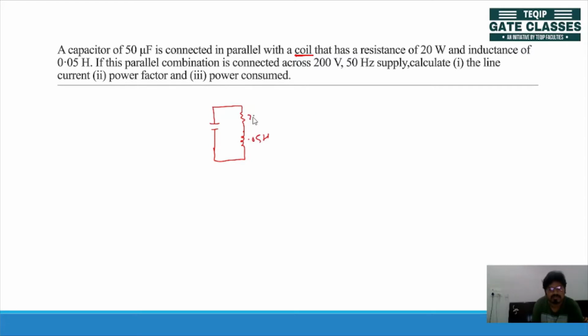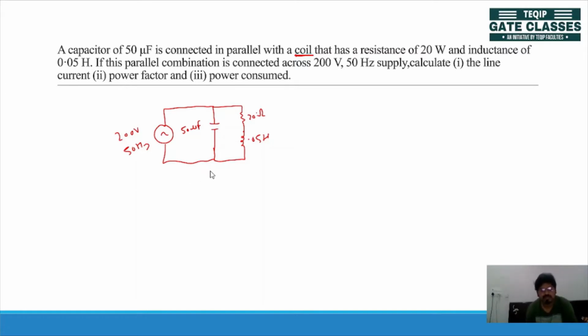This is the 20 ohm resistor, and this is the 50 microfarad capacitor, and this combination is across a supply of 200 volt 50 hertz. Calculate the line current, power factor and power consumed.